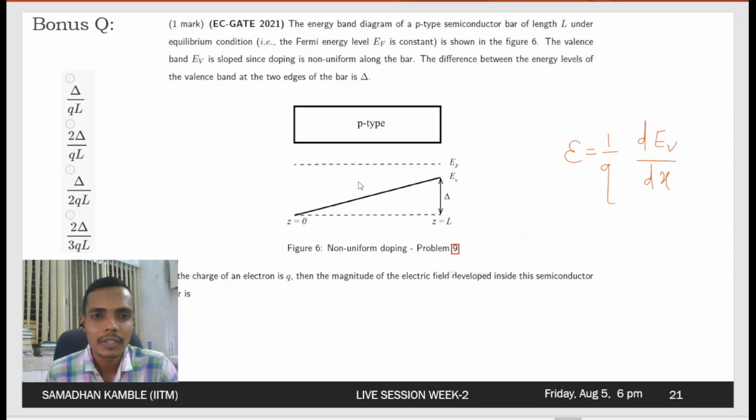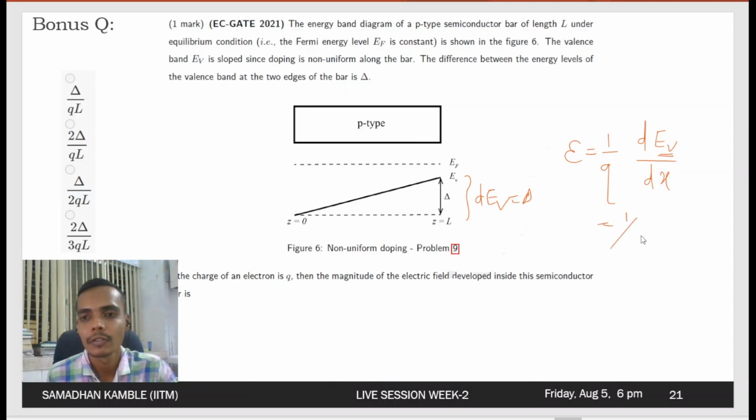Sometimes the problem appears a little daunting, but the solution is not as daunting. We can see from the data given that the change in the level EV is given as delta. So this is dEV given as delta.